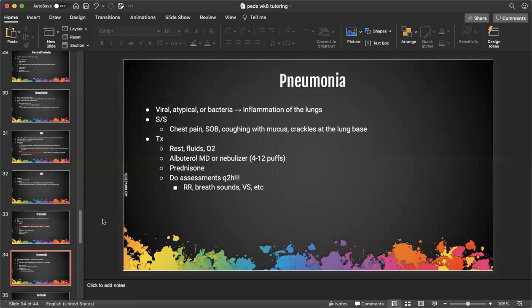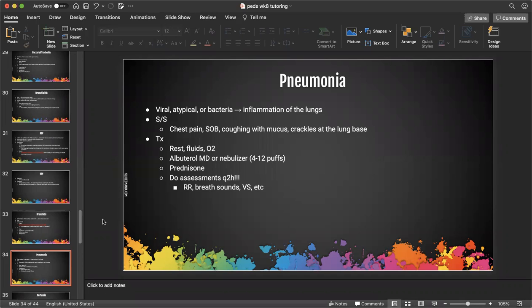Pneumonia: there's viral, atypical, or bacterial. Those are the 3 types of pneumonia. Pneumonia is essentially inflammation of the lungs, or just fluid in the lungs. Make sure you know the difference. Some signs and symptoms: chest pain, shortness of breath, coughing with mucus, and crackles at the lung bases.